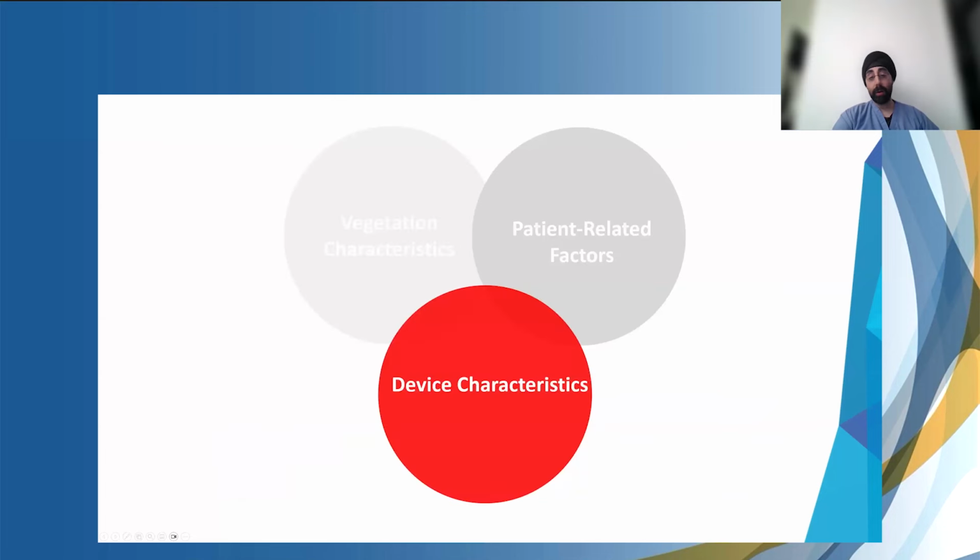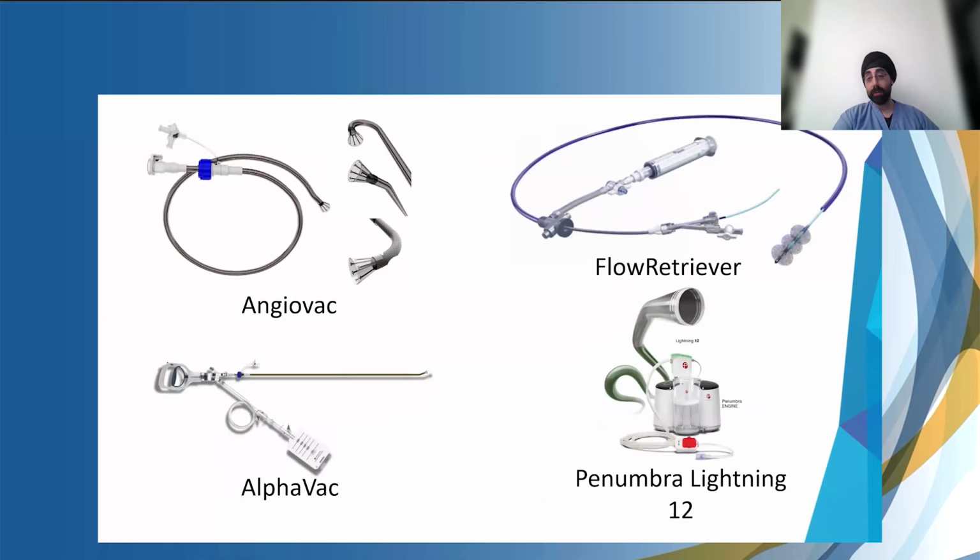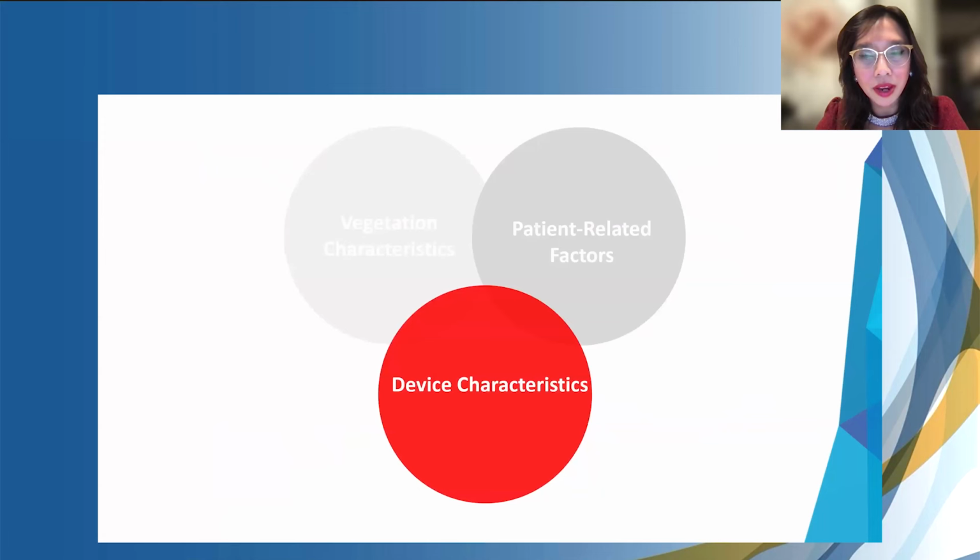Yeah, Nadira, can you comment on ICE versus TE? Yeah, so I mean, one thing, 3D ICE has been revolutionary, or 2D ICE, especially for these cases. My concern is, without the imager there, holding all the devices, will you be able to do both at the same time, imaging and also manipulating the AngioVac to the vegetation? So that's one concern I have. But I think ICE imaging can certainly be really helpful for these patients.